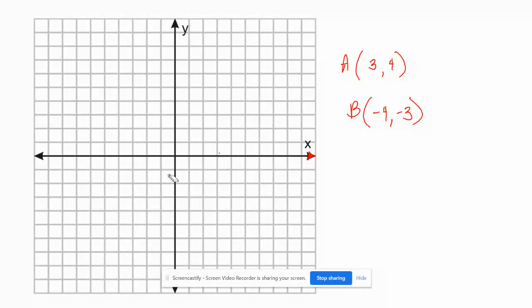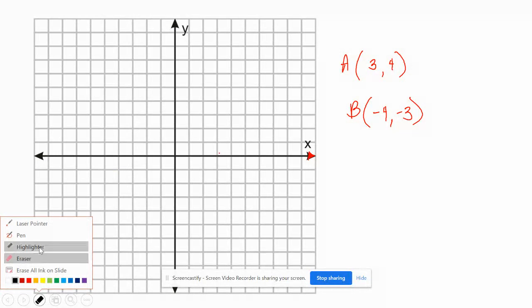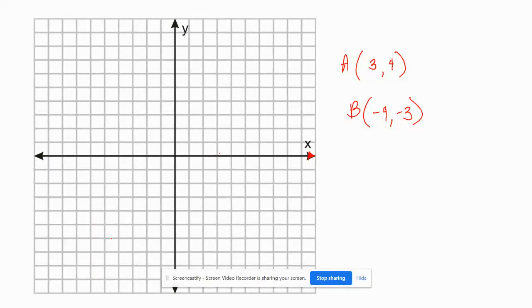Okay, so let's say we have this figure. Let me turn my pen back on. Let's see. I want to make a trapezoid type shape here. And let's put one here. Okay, let's just say this is our shape.